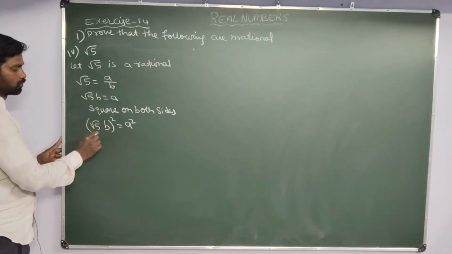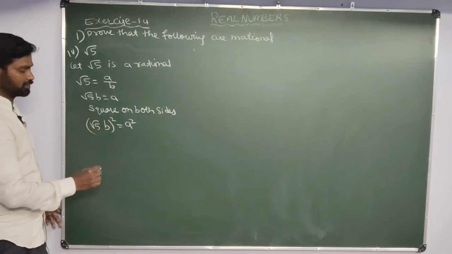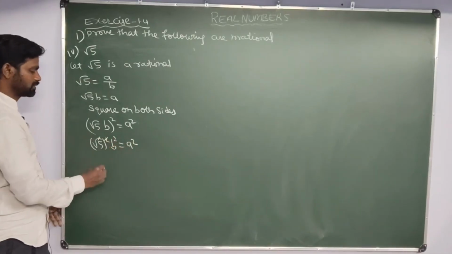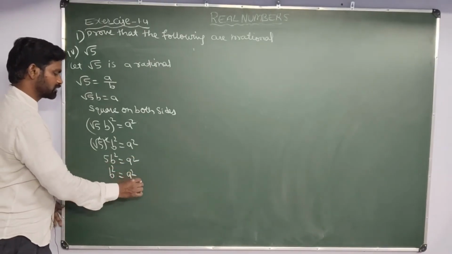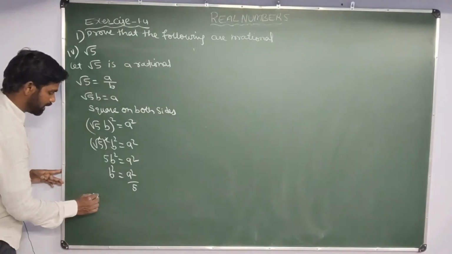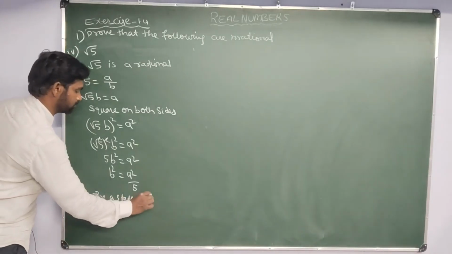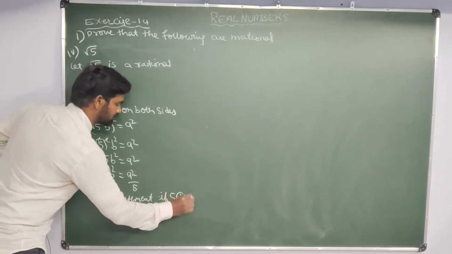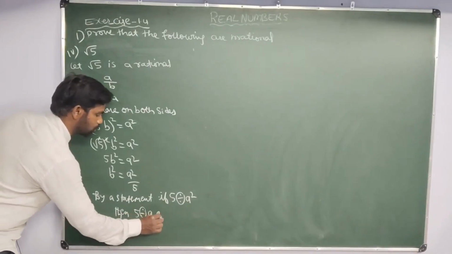In the bracket we have two terms, one is root 5 and the other is b. It means root 5 square b square is equal to a square. Square and root cancel, then we get 5b square is equal to a square. Then b square is equal to a square by 5. So we have one statement: if 5 divides a square, then 5 divides a also.